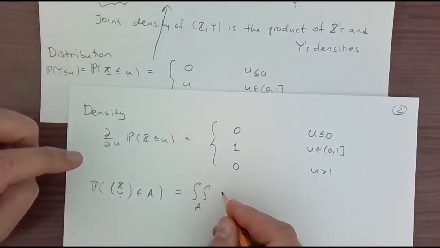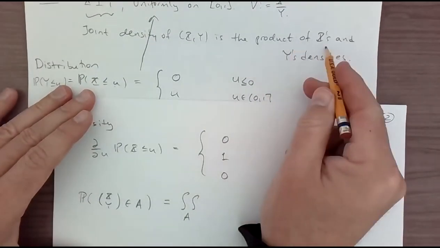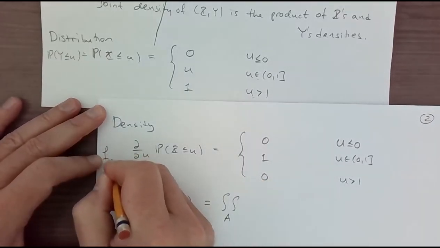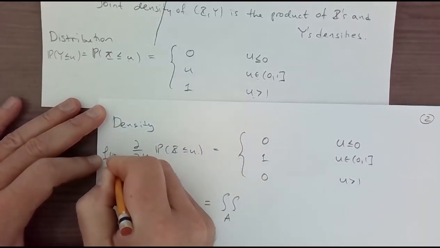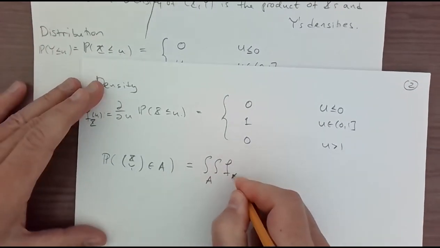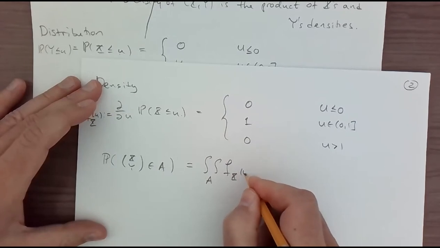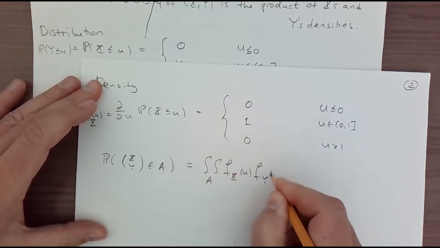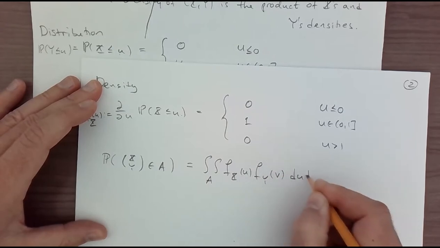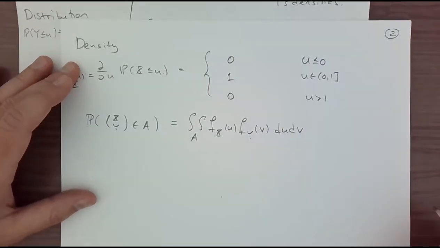So now it's the product. Maybe I should call this density f_X of u. So it'll be f_X of u times f_Y of v, du dv.